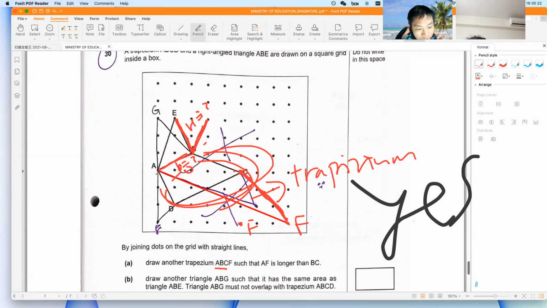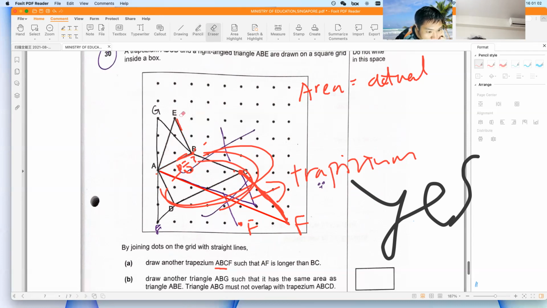With this, you can measure the actual length, then you can have the actual area already. Once you have the actual area, then you can get the point G already. I don't think this will be the point, but whichever point you choose as G, you just have to make sure that it has the same height. Or actually I can find out the answer already.